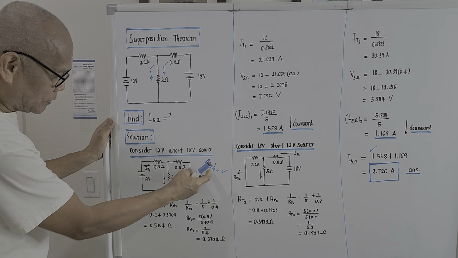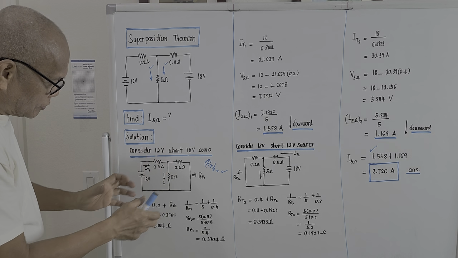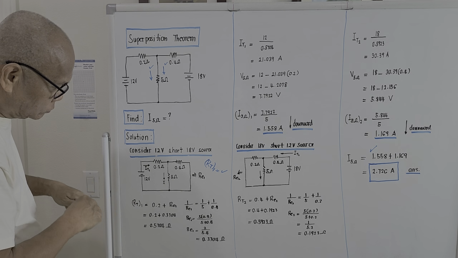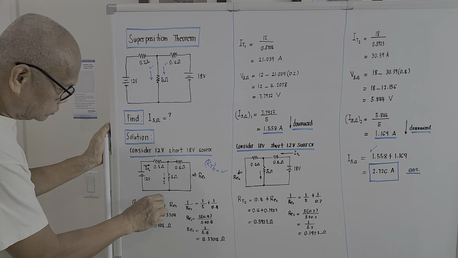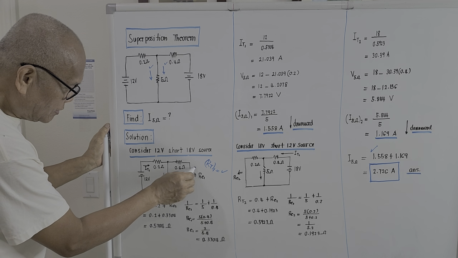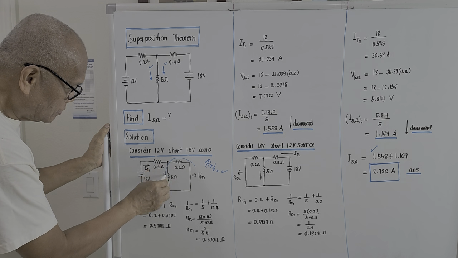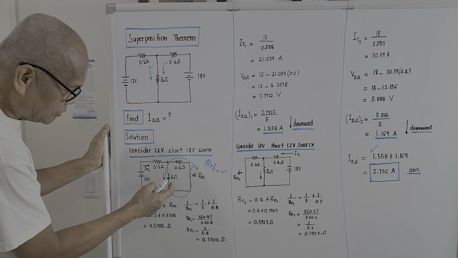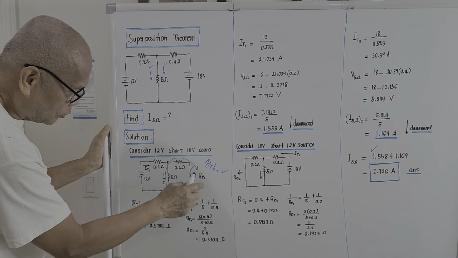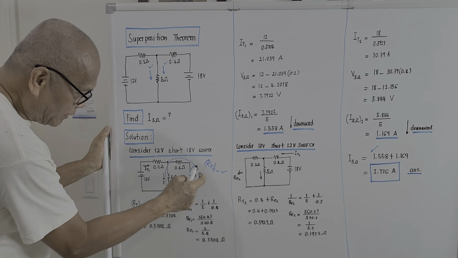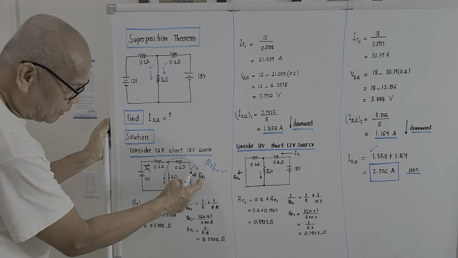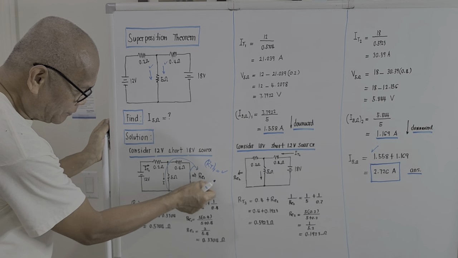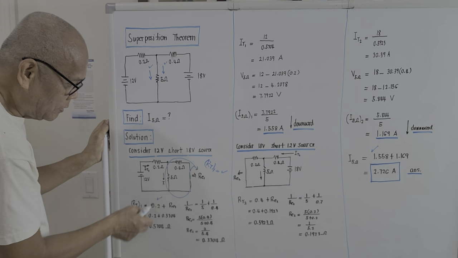The total resistance will be 0.2 ohm plus the single equivalent of this, which I designate as RE1, meaning equivalent resistance with the subscript 1, due to the 12 volt source.